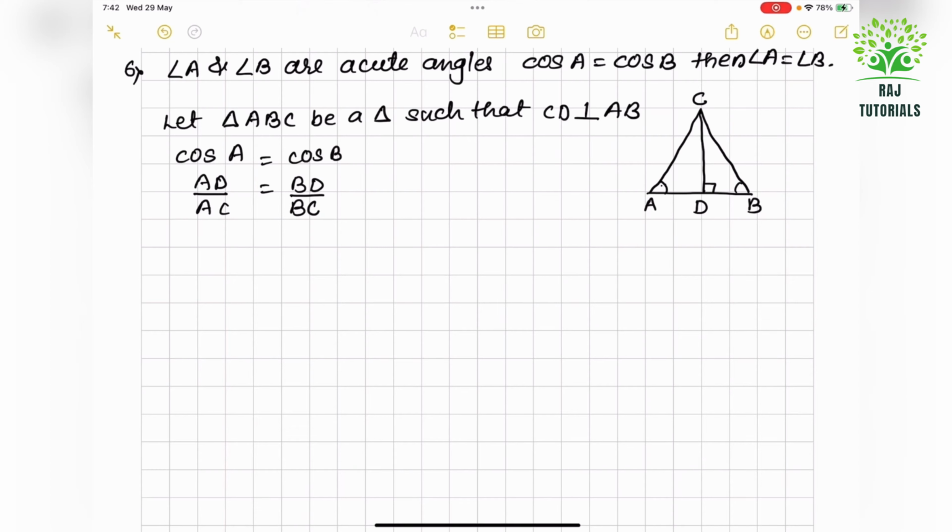So if these are equal, can I say AD upon BD equal to AC upon BC? So let us suppose this as K.